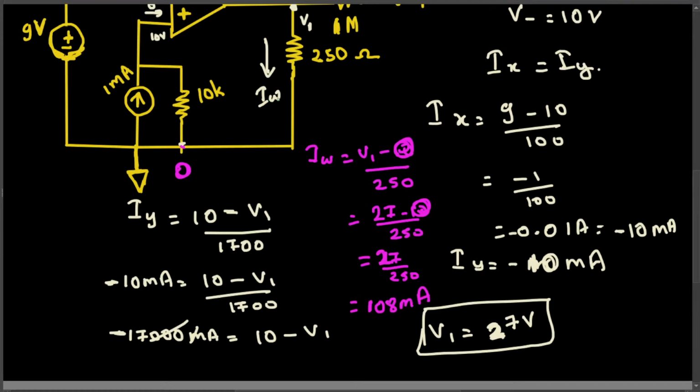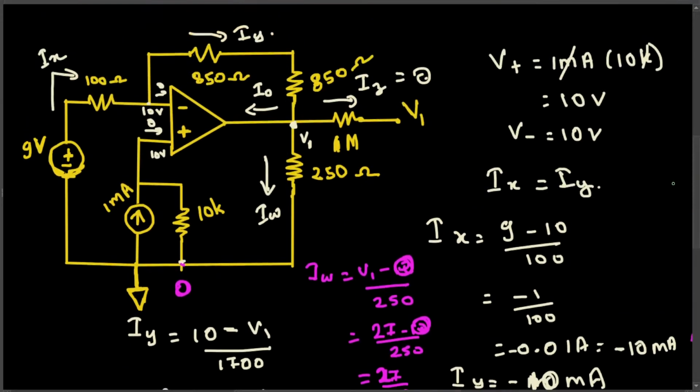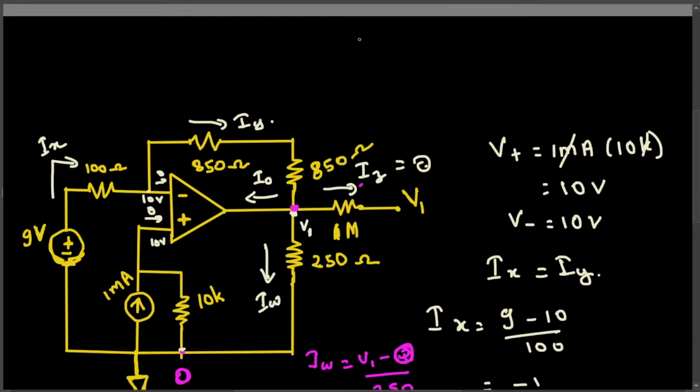Now we have this current, this current, this current, this current, this current. We still have to find IO. If we apply KCL at this node, we can solve for IO as well. According to Kirchhoff's current law, the summation of current in is equal to the summation of current out. IY we took in this direction, that is minus 10 milliampere, and the others are going out.